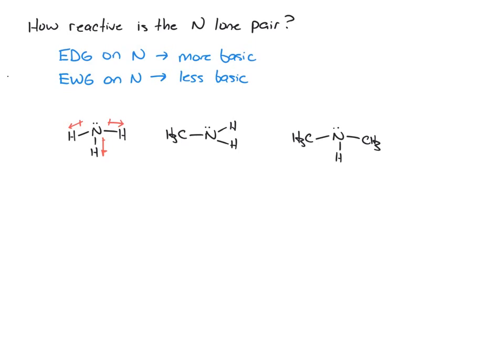So inductively, they're pulling electron density away from the nitrogen, kind of helping to stabilize that lone pair on the nitrogen, meaning this one will be the least basic. And then alkyl groups, they're very slightly donating. So down here on the other end, you can kind of think of it as an extra punch of electron density toward the nitrogen and its lone pair, making it more reactive and more basic. So in this case, our trend would go in this direction.